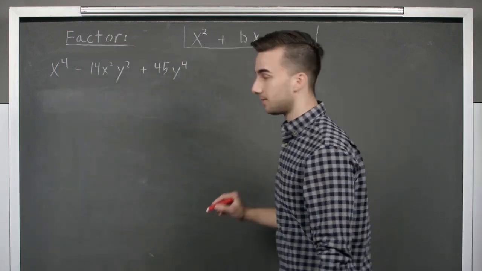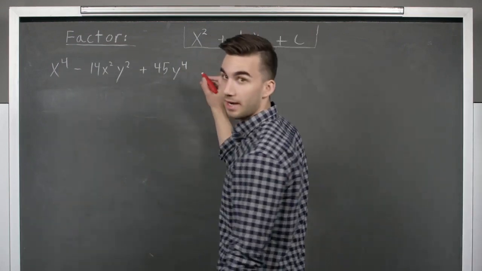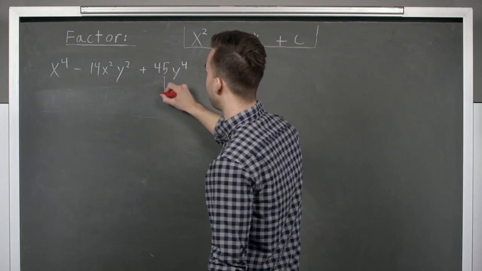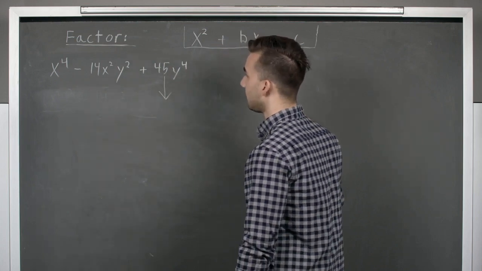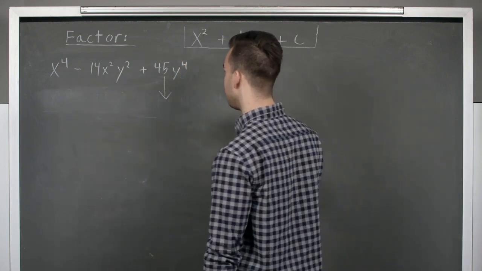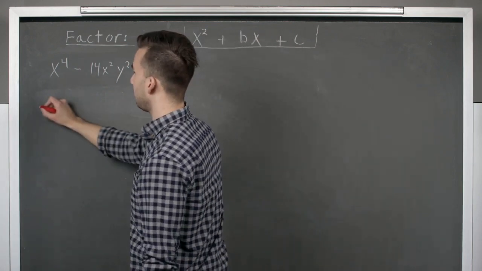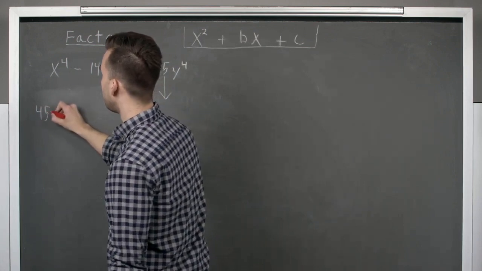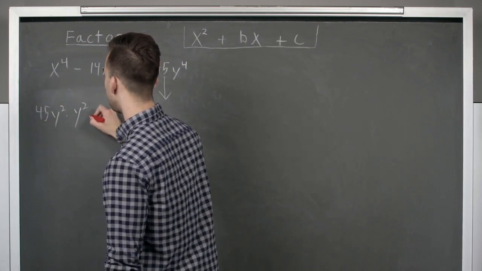So step 1, let's find sets of 2 factors of 45 y to the power of 4. We're just going to break up y to the power of 2 into each factor, because y to the power of 2 times y to the power of 2 is y to the power of 4. So we can do 45 y squared times y squared. That's one set of factors.